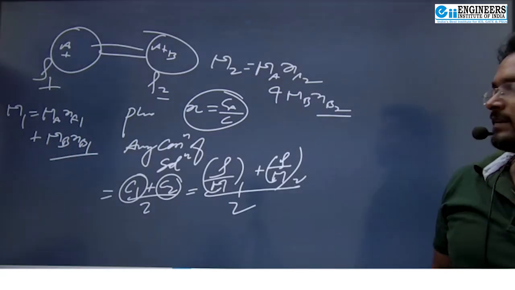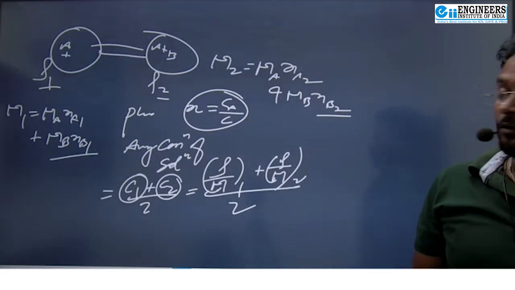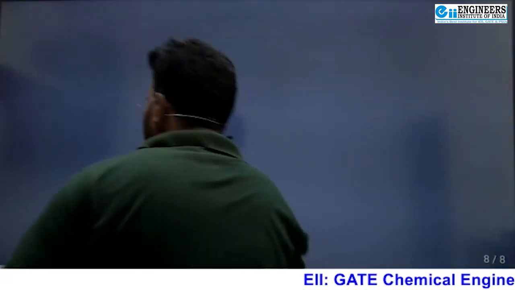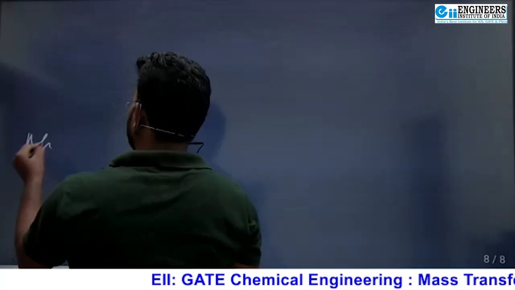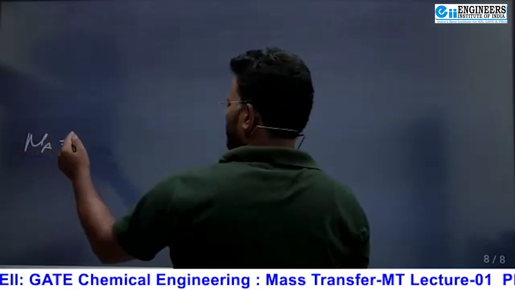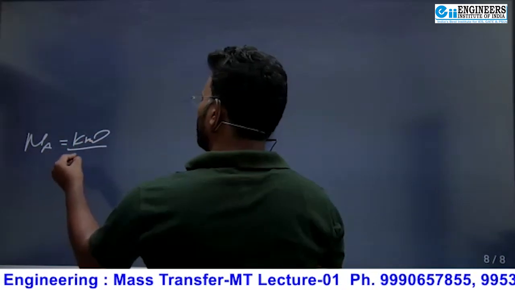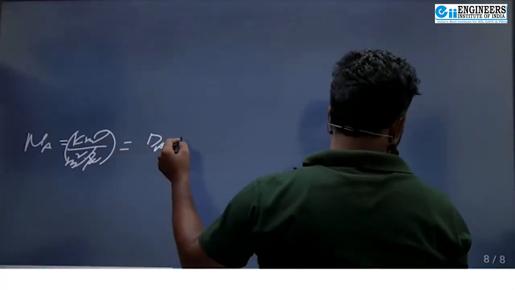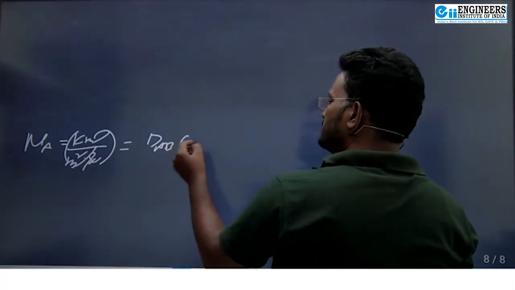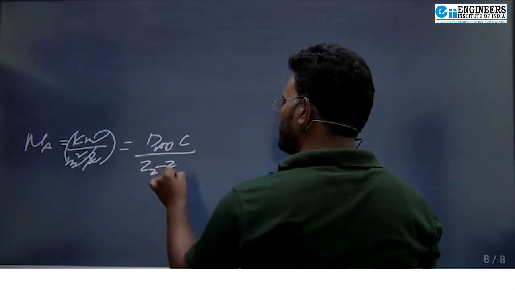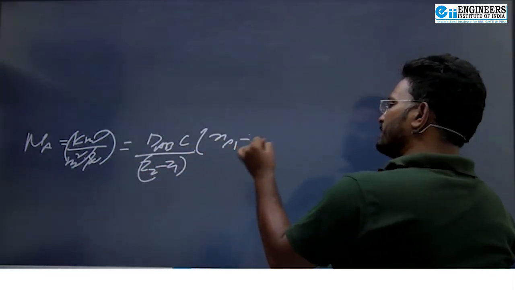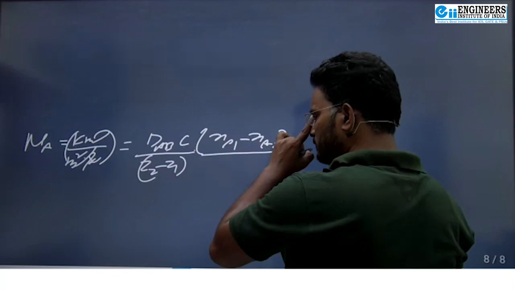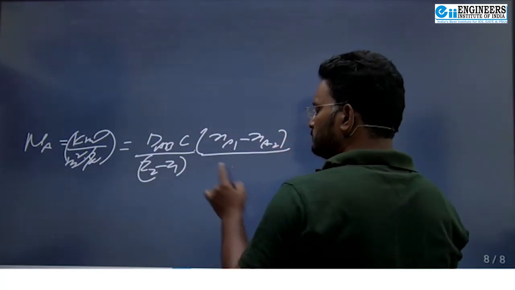माय डियर स्टूडेंट, एक चीज़ और मैं आपको बताना चाहता हूँ. बहुत सारी चीज़ें बताने के लिए हैं, बट जो अभी इम्पोर्टेंट हमें याद आ रहा है मैं आपको क्लियर करता जा रहा हूँ. सुनो, अगर मैंने कोई भी फॉर्मूला लिखा, सपोज NA, हाँ, दिस इज कॉल्ड एज मोलर फ्लक्स, मीन्स किलो मोल पर मीटर स्क्वायर पर सेकेंड. दिस इज फाउंड टू बी DAB into C upon Z2 minus Z1 into XA1 minus XA2 upon XBLM.